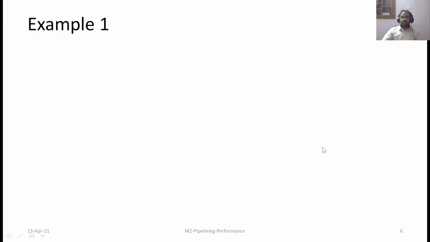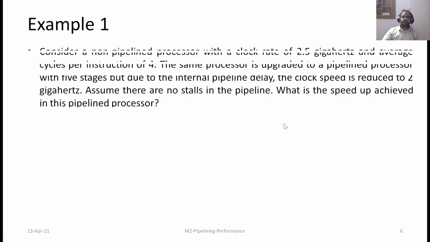Okay, now let's look at some examples to understand the formulas a little better. The first example is: consider a non-pipelined processor with a clock rate of 2.4 gigahertz and average cycles per instruction of 4.